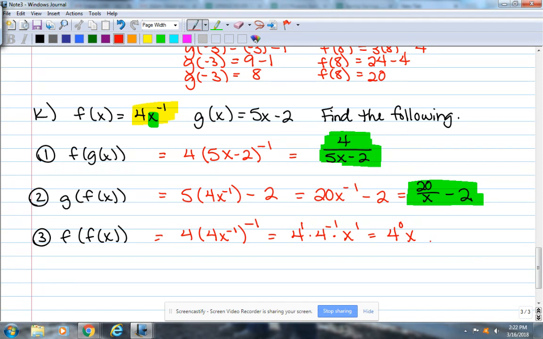Anything to the 0 power equals 1, so the answer is 1 times x, which is x. If you want to do it the exponent rules way, move it to the bottom, you still get the same answer, because that's going to be 4 divided by 4x, and 4 divided by 4 is 1. So there you go. Either way, you just get x.